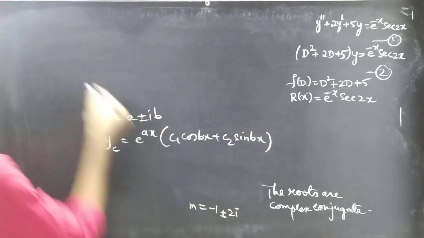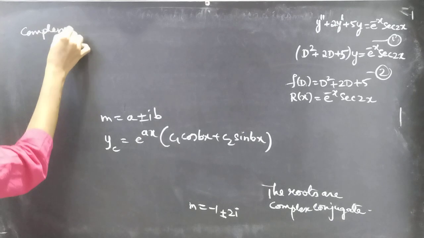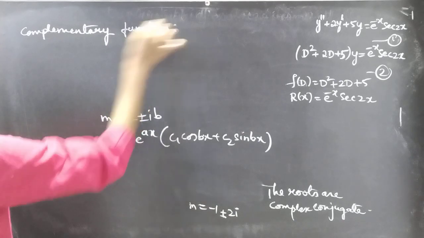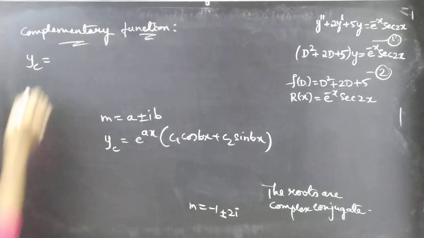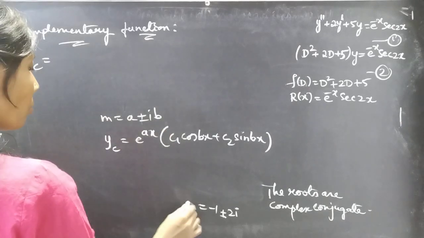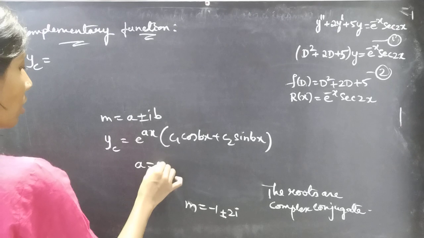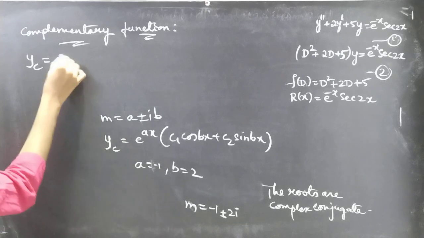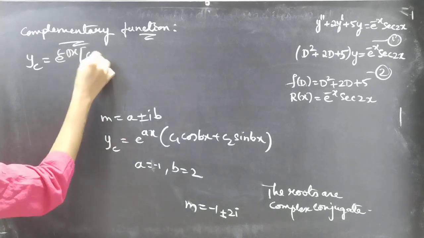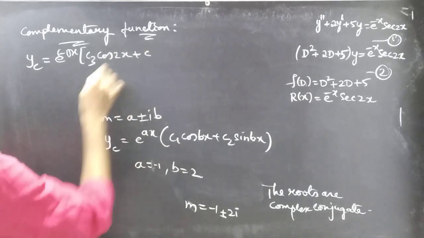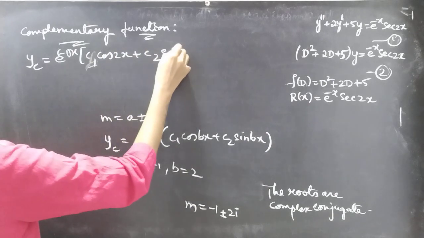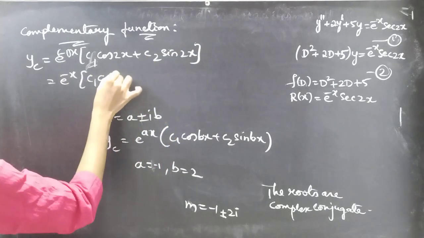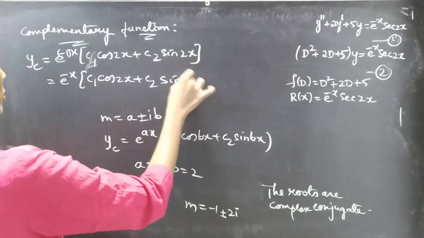Now coming to our complementary function. yc equals to, just compare a plus or minus ib with minus 1 plus or minus 2i, then for a equal to minus 1 and b equal to 2, we'll get yc equals to e power minus x of (c1 cos 2x plus c2 sin 2x).